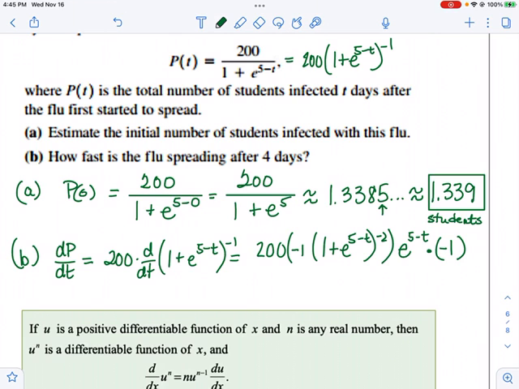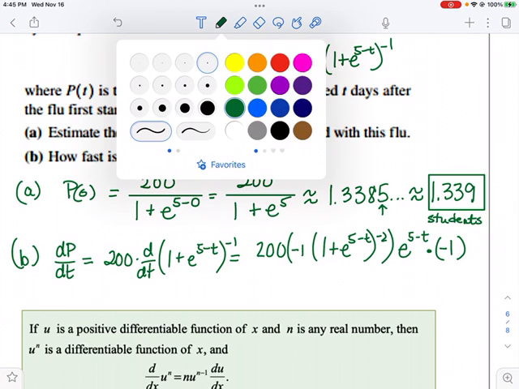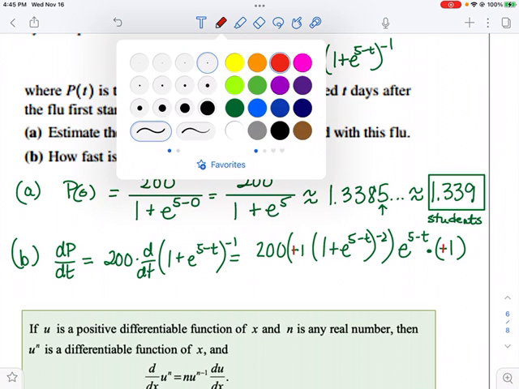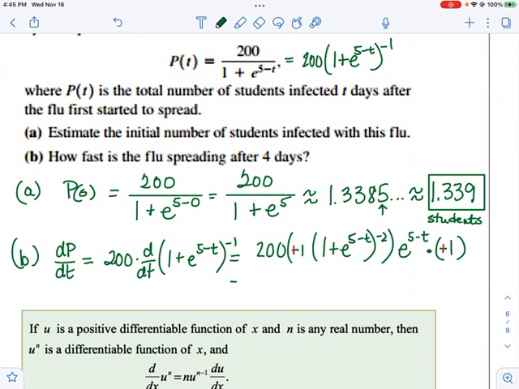Okay, so then with a little simplifying here, we have 2 negatives, which would make that a positive. This is all a product, if you will. And as I simplify this, I've got 200 e to the 5 minus t power in the numerator.